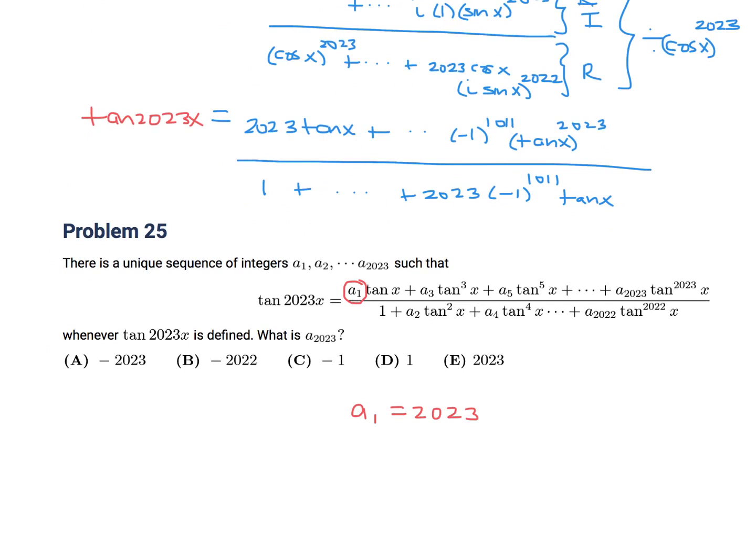And then the coefficient before tan x to the power of 2023 is this guy, which is, if you take -1 to the power of an odd number, it will still be -1. And I think that's what we wanted, right? Well, we didn't want A1, we just wanted A2023, and that's -1. So after all that, we get C as the answer.